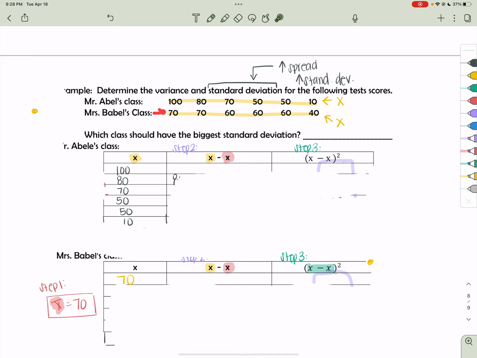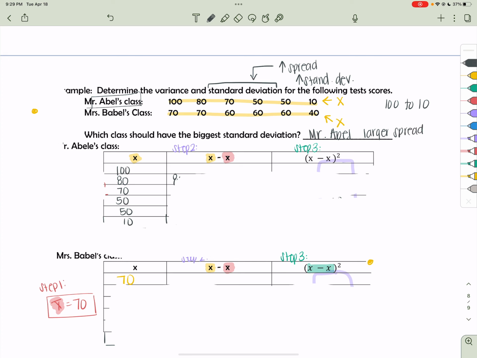Versus Mr. Babel's class, 70, 70, 60, 60, 60, 40. Because Mr. Abel's class has a bigger spread of data, it goes all the way from 100 to 10, Mr. Abel will have the bigger variance, the larger number for variance, and the larger number for standard deviation, because it has the larger spread.